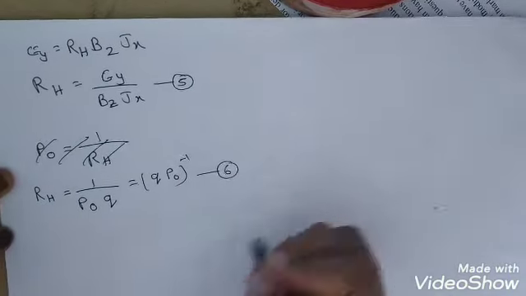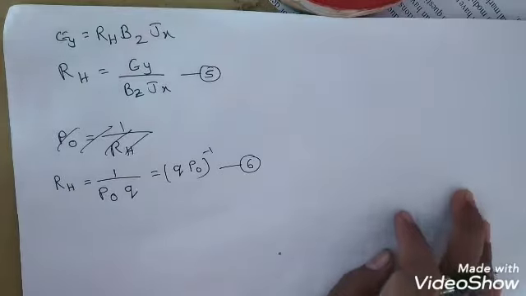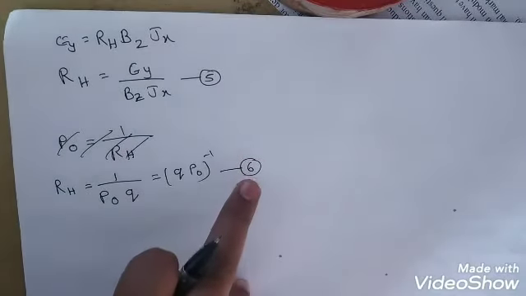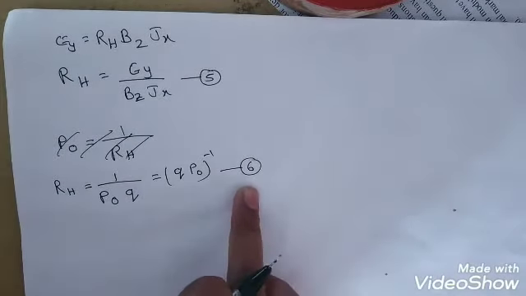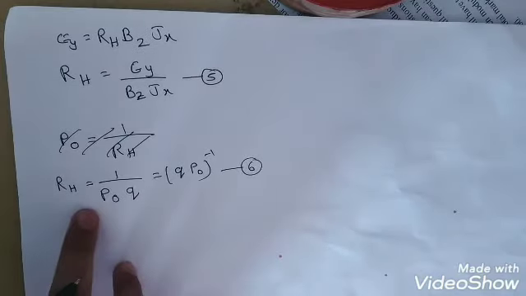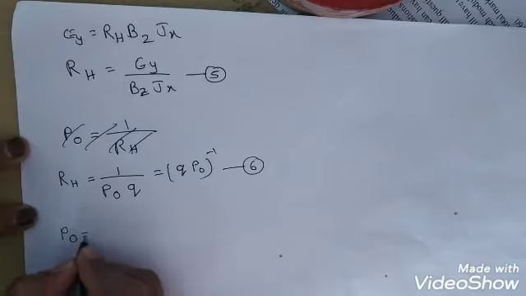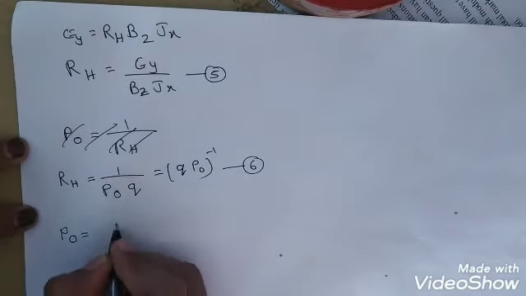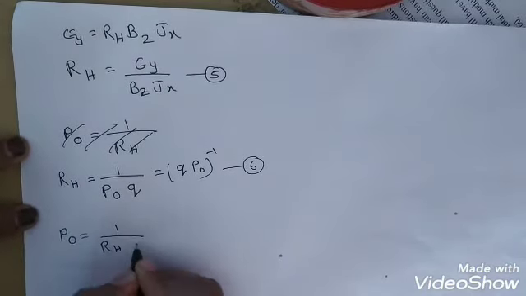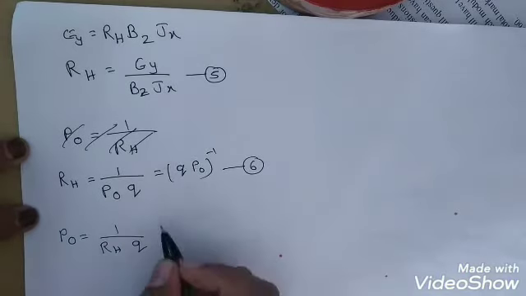So in the previous page, we called these equation number 5 and equation number 6. If I rewrite equation number 6, P0 is equal to 1 by RH into Q.